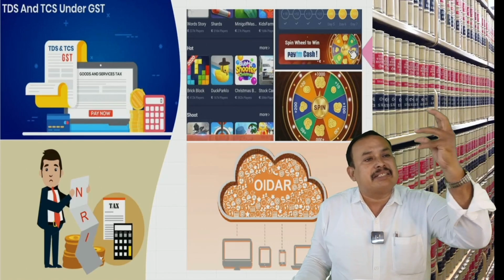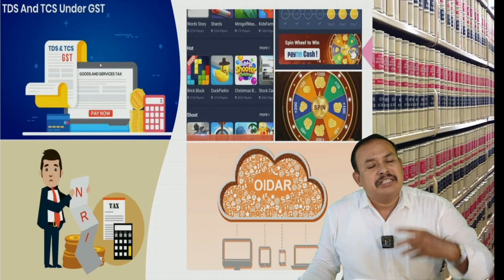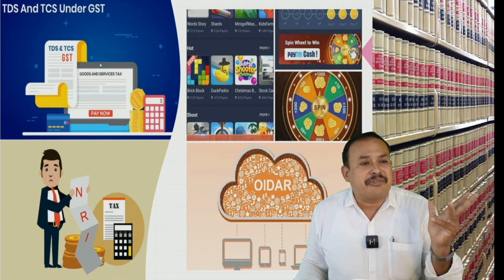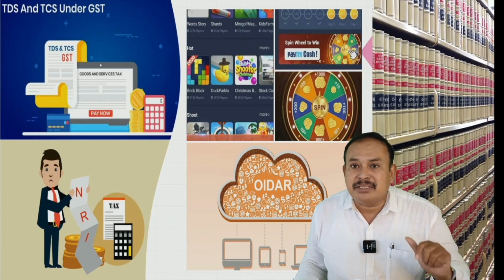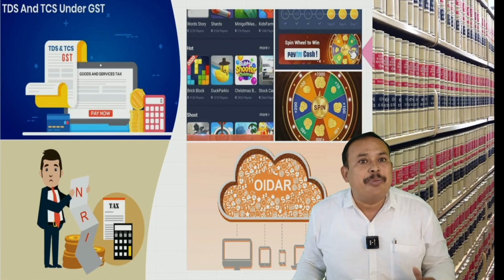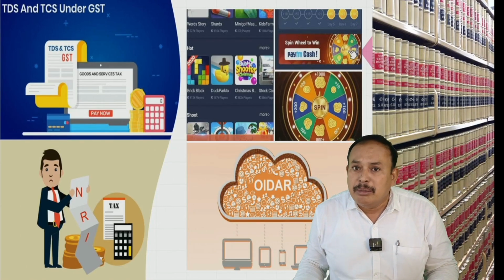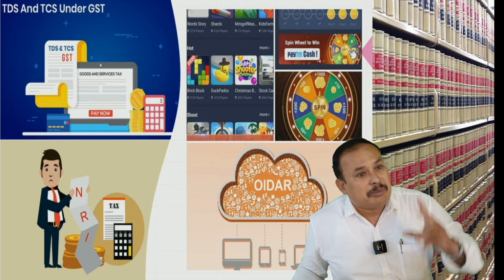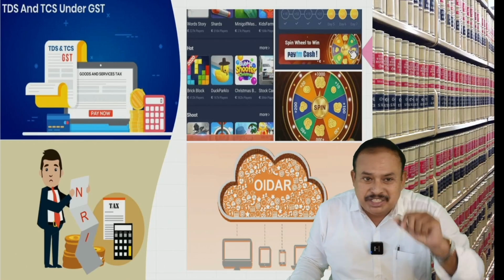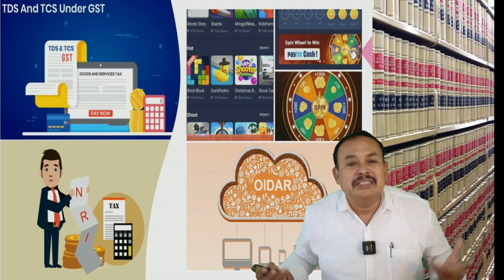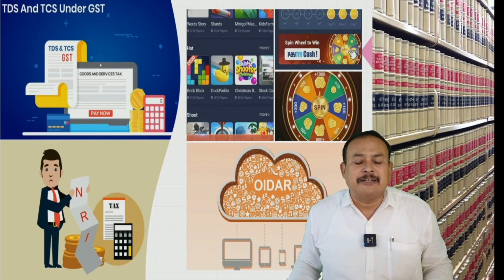So TDS registration, TCS registration, registration is mandatory, and PAN number is not required to get registration. Further, OIDAR suppliers operating from outside India do not need a PAN number to get registration. An online money gaming supplier from outside India should pay GST in India and should get registration compulsorily. For them also a PAN number is not warranted.